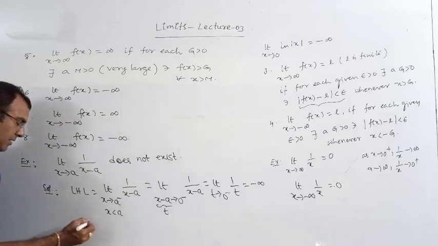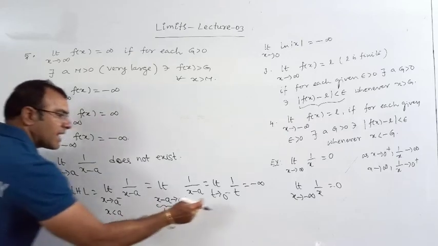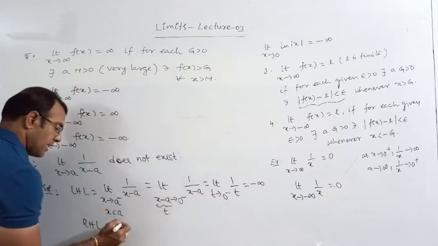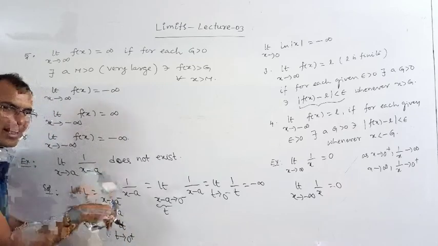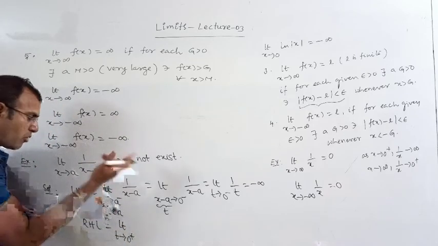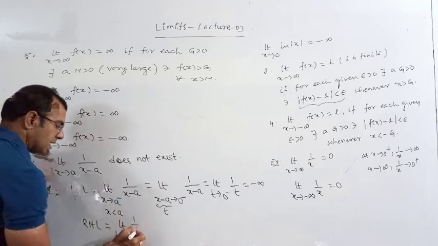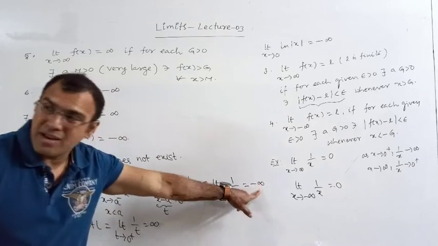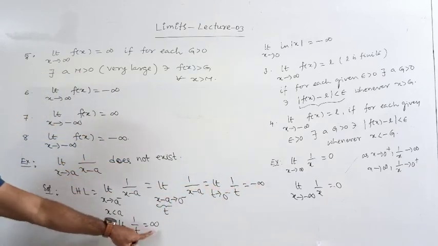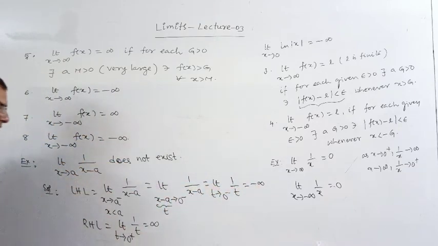Right hand limit. I can write directly here limit t tends to 0 plus. x tends to a plus means x is greater than a, so x minus a is positive. 1 by t, you will get plus infinity. One time you got minus infinity, other time you got plus infinity.